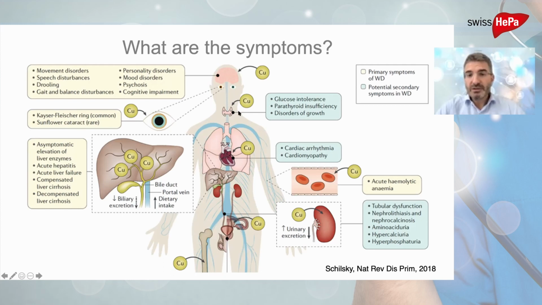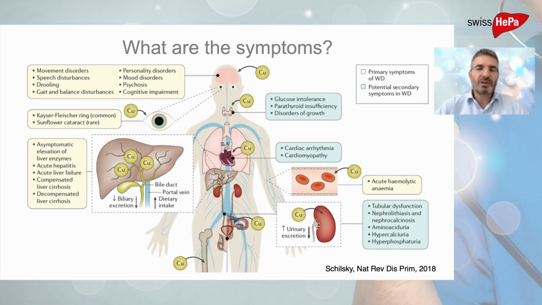And last but not least, as I mentioned before, copper is also important for the formation of red blood cells. Copper accumulation in Wilson's disease is characterized by acute hemolytic anemia. It's a disease in which red blood cells are excessively fragile, and when they are broken, they produce hemolytic anemia.